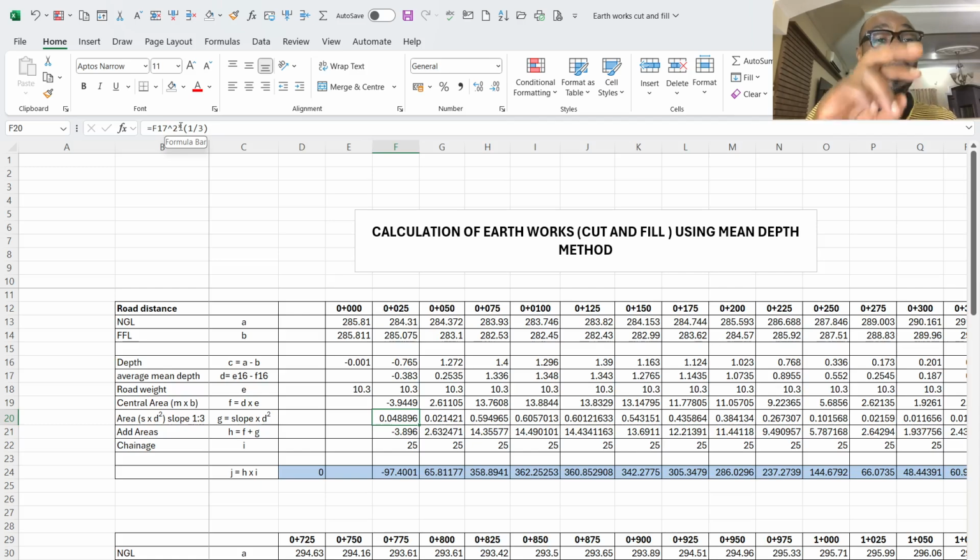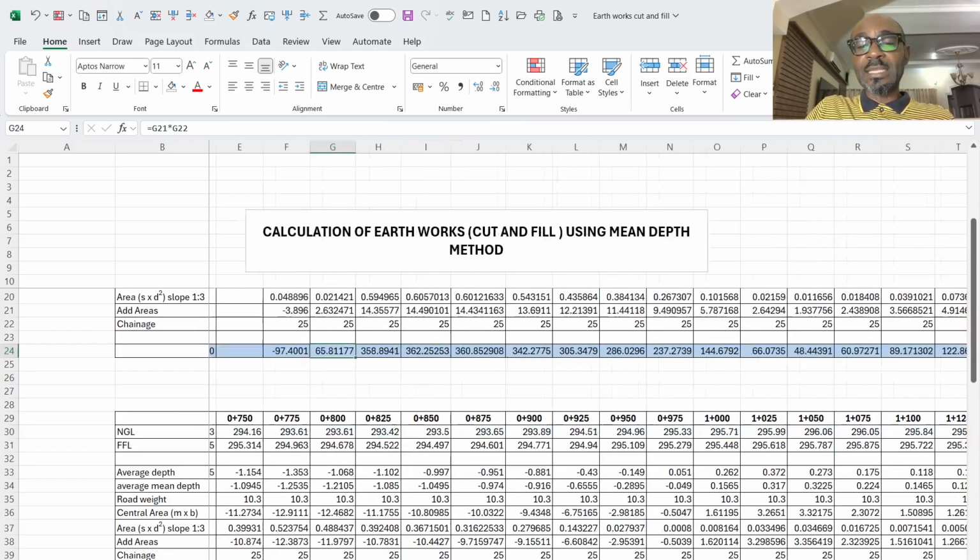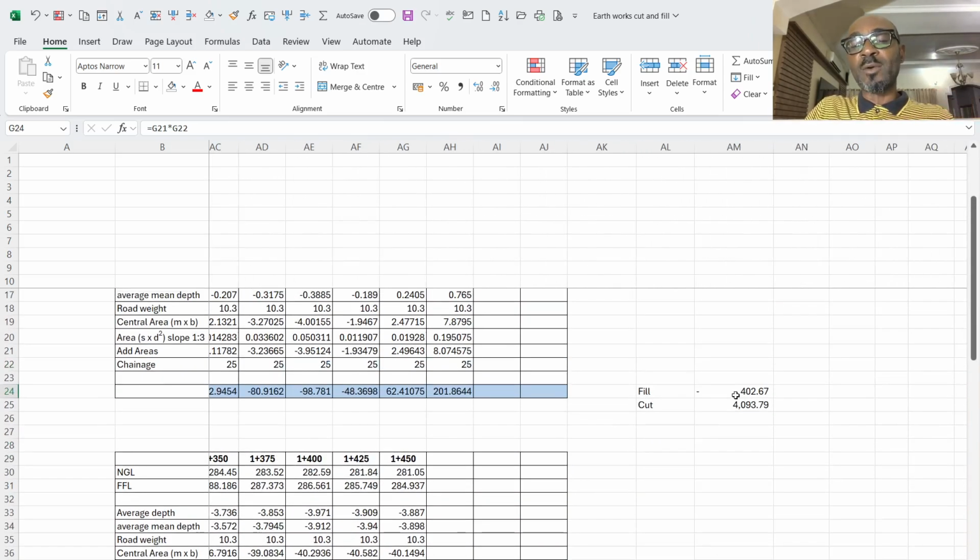Hold the shift key down and press that key, and this sign will come up. Then you add 2, meaning that you have squared that number. Then I multiply by what I divided in the bracket, which is the gradient of 1:3, to now have my square area.